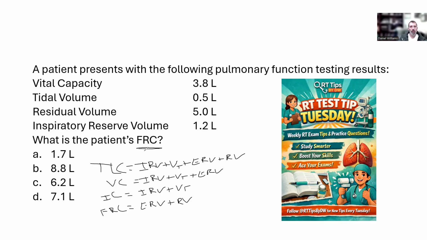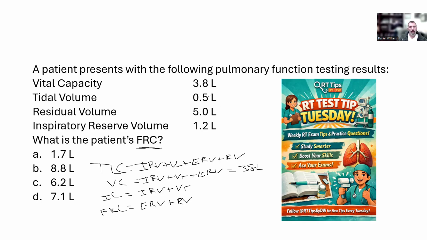For instance, if we're given that the vital capacity is 3.8 liters, then we know that those three volumes collectively equal 3.8 liters per the question. Our tidal volume is 0.5 liters.